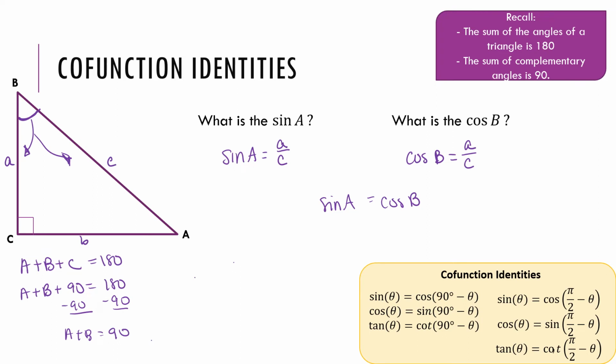So if A plus B equals 90, then the measure of angle B is equal to 90 minus A. I'm going to replace that. Sine of A is equal to cosine of 90 minus A. So now if I'm talking about the same angle, if the sine of A is 0.23, well, the cosine of 90 minus A is also equal to 0.23.